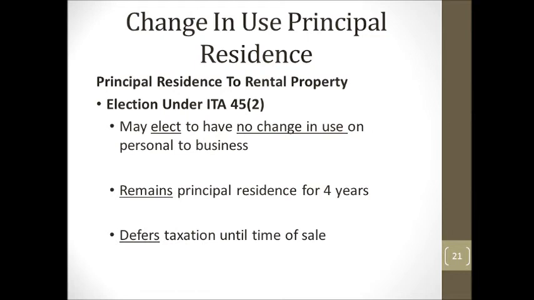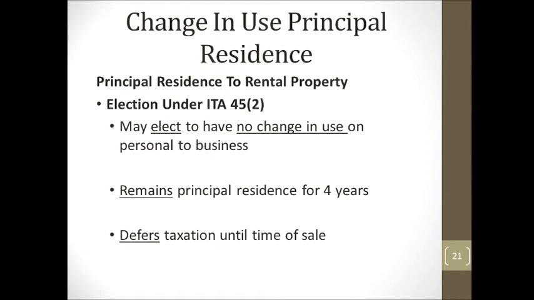Now, this election would be of importance to a taxpayer that, let's say, decides to, rather than buy a new home after they move out of their original home, rent a home after moving out. If the taxpayer decides to rent a home after they move out of their original home, then they won't have another property to designate as their principal residence.